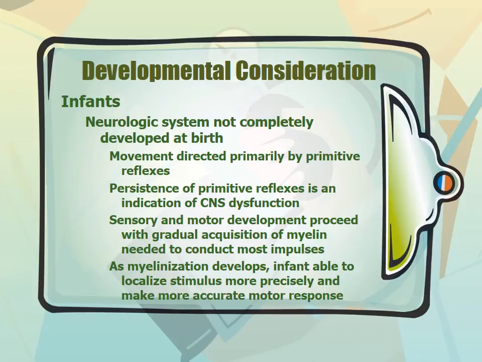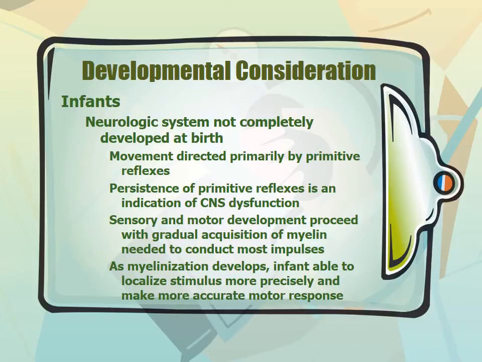In infants, the neurological system is not completely developed at the time of birth. Their movement is directed primarily by primitive reflexes. Remember, we talked a lot about that, they have like the Moro reflex, the startle reflex. We talked about several of those, right? Those are what we call primitive reflexes.